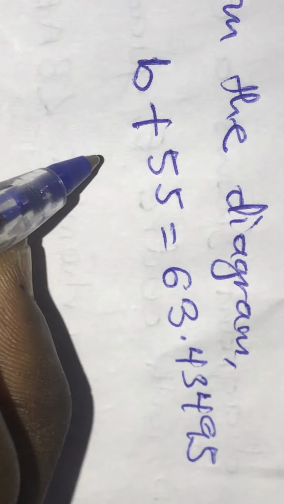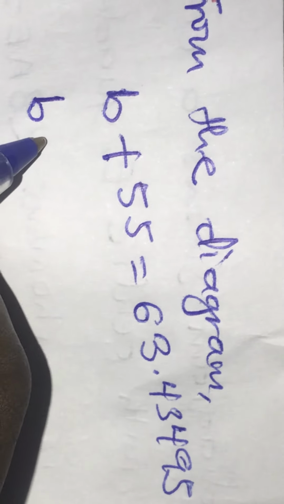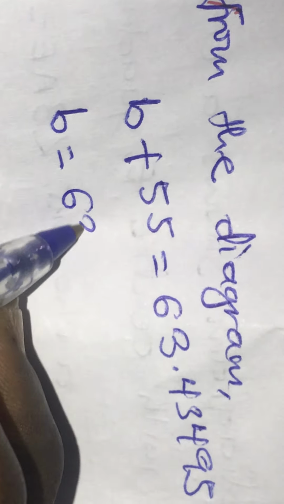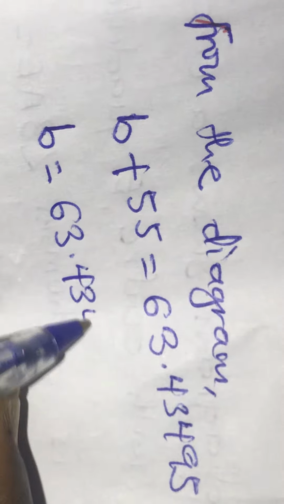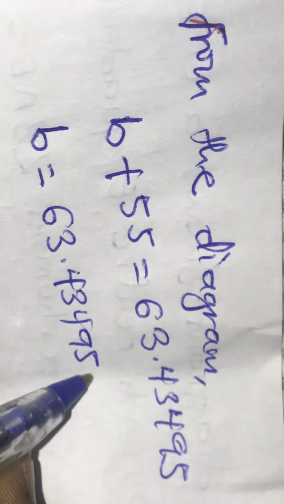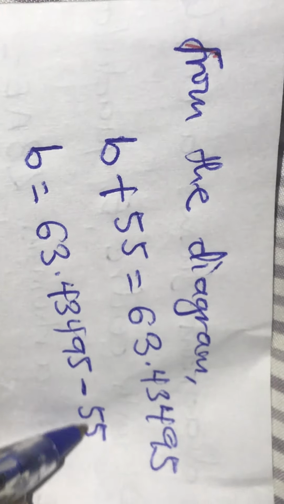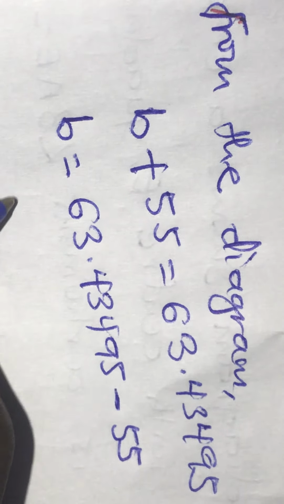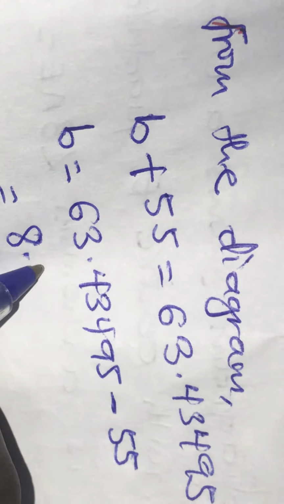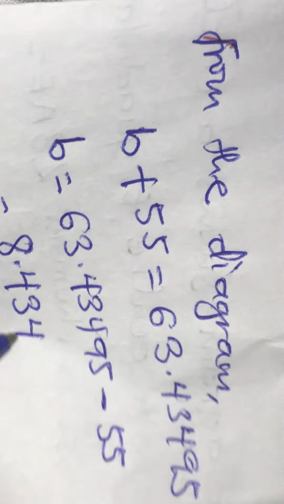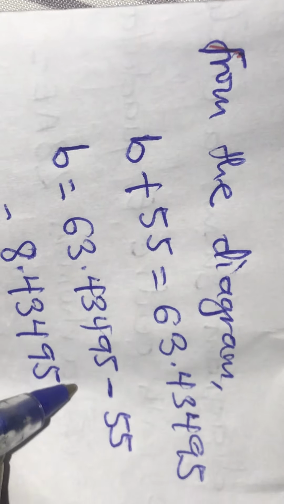So simple groupings, b stands on its own. Then we have 63.43495 minus 55. That is giving us 8.43495 degrees.